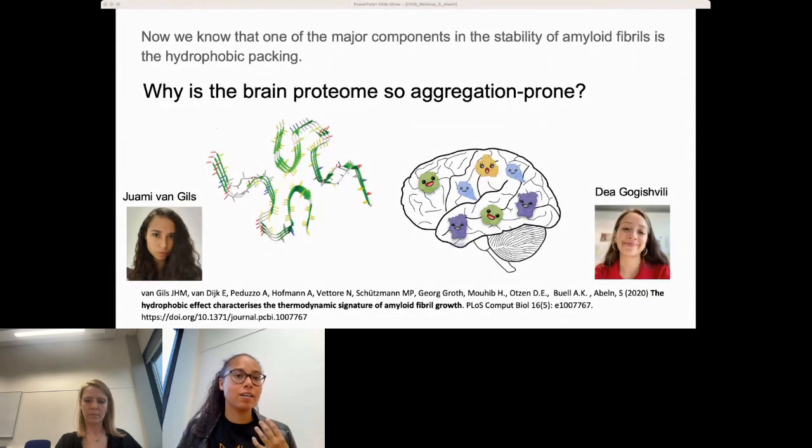If we think about these amyloid fibrils, they aggregate and they usually are involved in different diseases and specifically brain diseases. So we were kind of wondering, okay, why do these aggregates happen in the brain so much? So on the next slide.